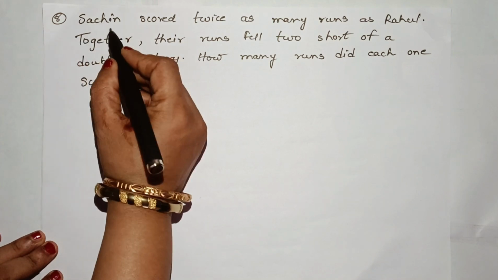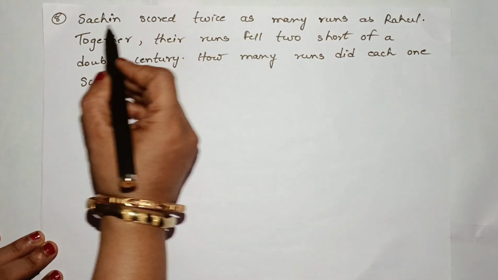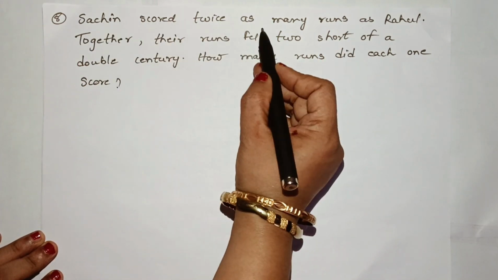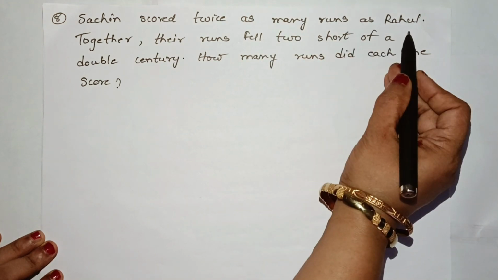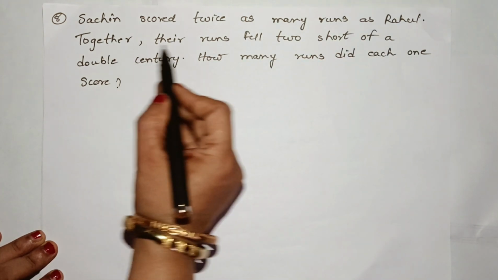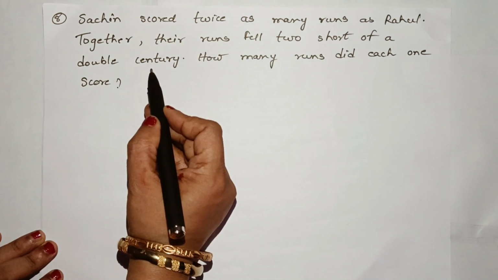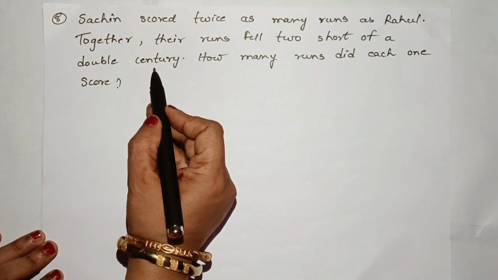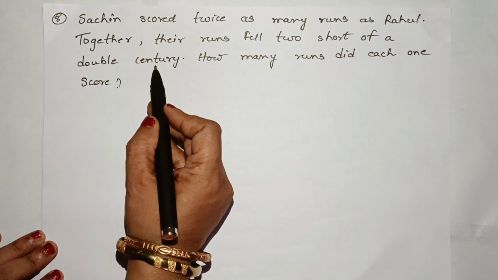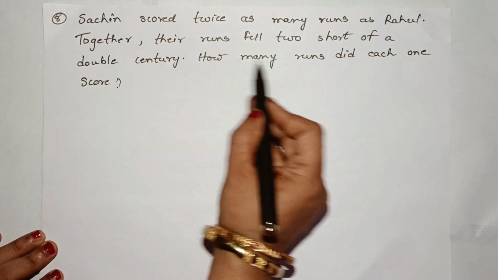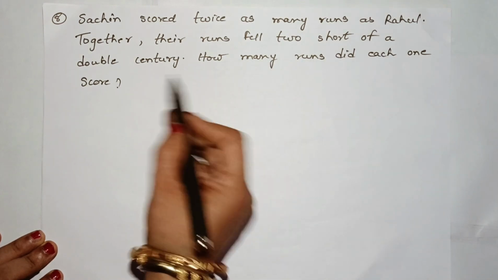Question 8. Very important question. Sachin scored twice as many runs as Rahul. Together, their runs fell 2 short of a double century. Century means 100 runs, and double century means 200 runs. How many runs did each one score?